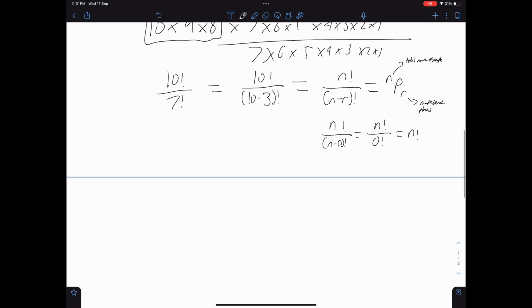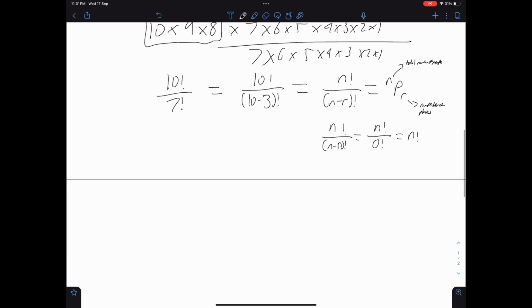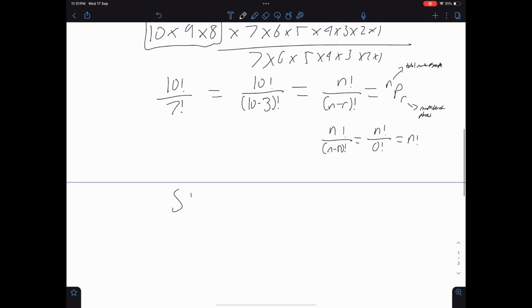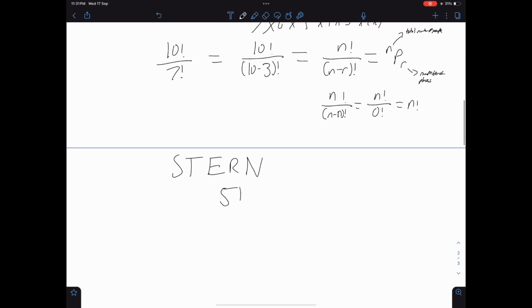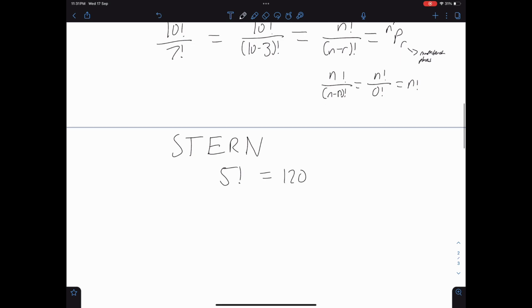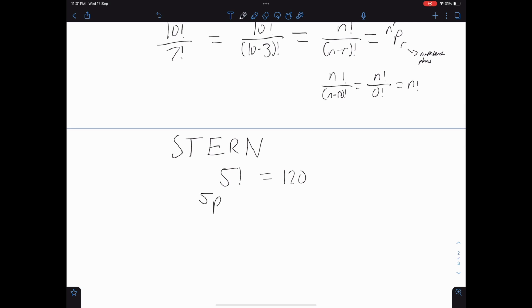So like the word stern, there would be 5 factorial ways of arranging those 5 letters. But say it asked how many 3-digit words could you do? You would do 5P3. And on your calculator you'd do that and you would get 5 times 4 times 3, is 20 times 3, which is 60.